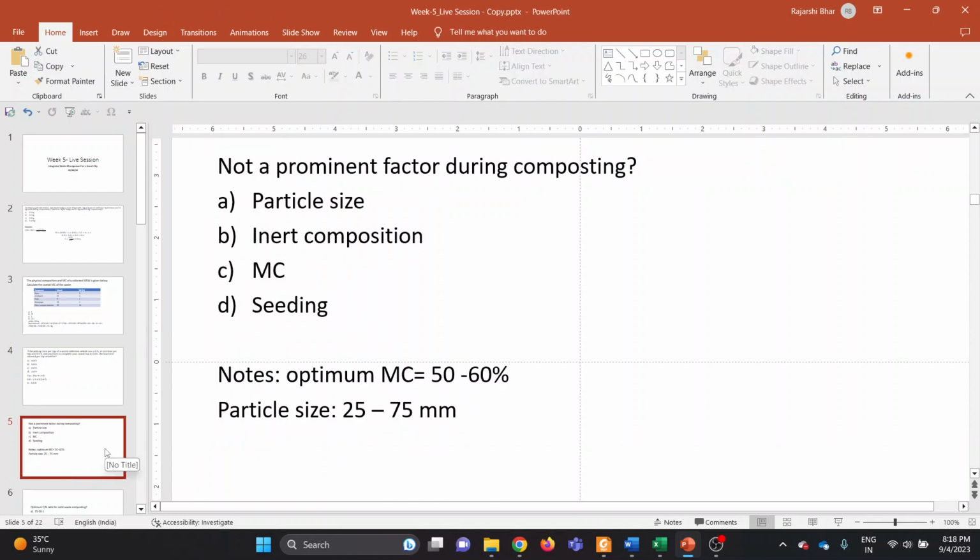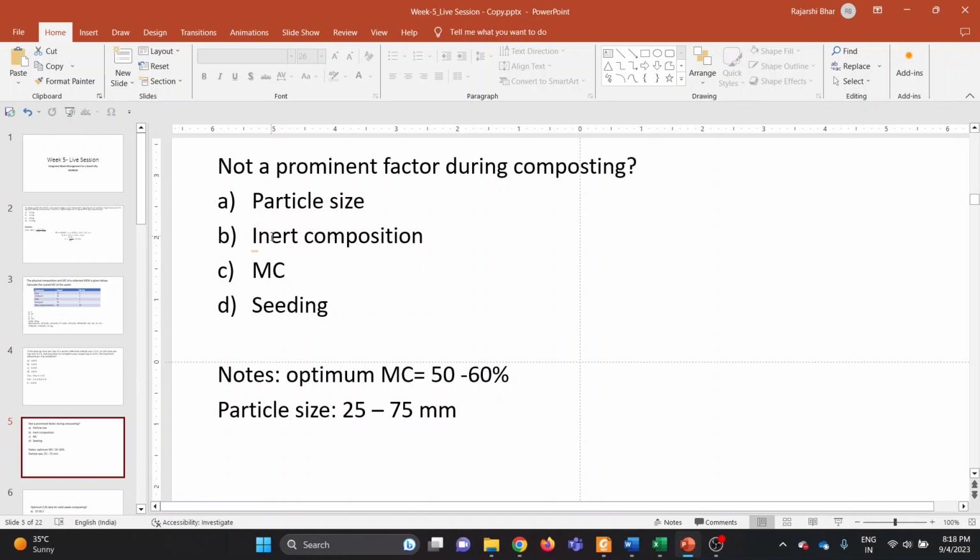Fine. So the next was a theoretical question where you have to choose a factor which is not prominent during composting. We already have seen in the questions today that particle size is very important, moisture content is very important, seeding is also very important.